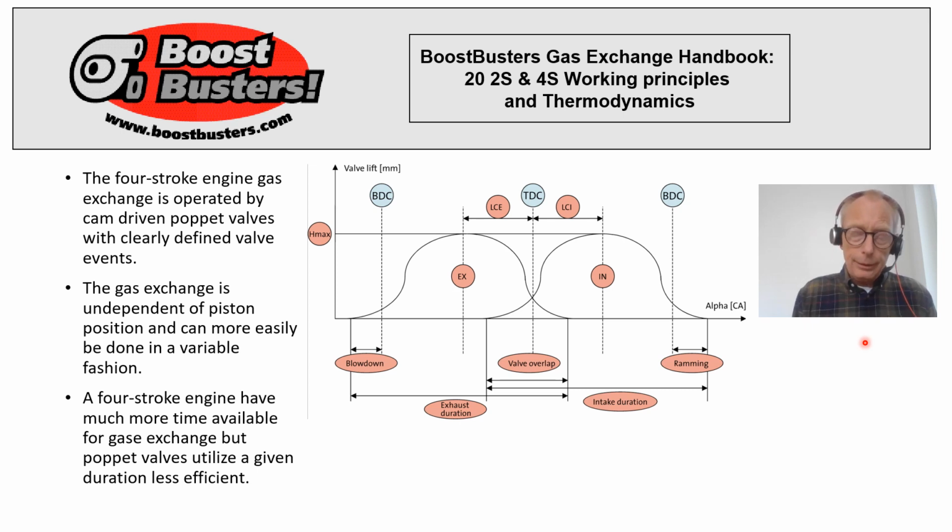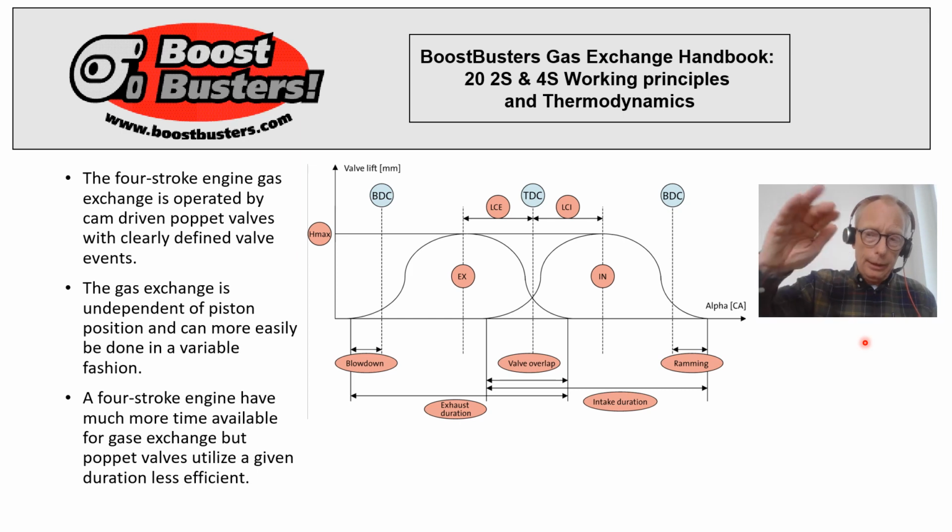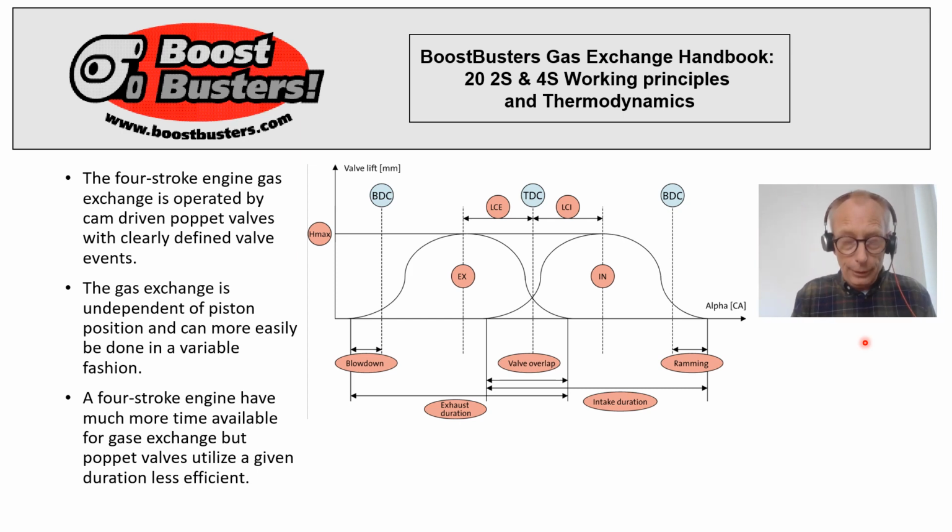On the other hand, opening and closing a cam-operated valve takes much more time, so the utilization of the period with poppet valves is not as efficient as in a two-stroke engine.